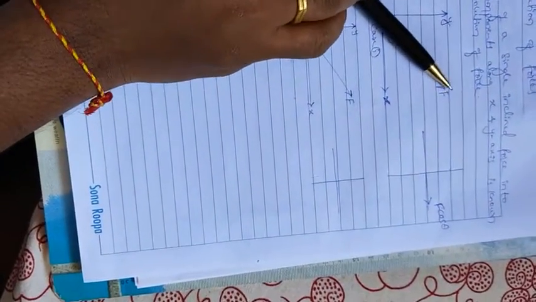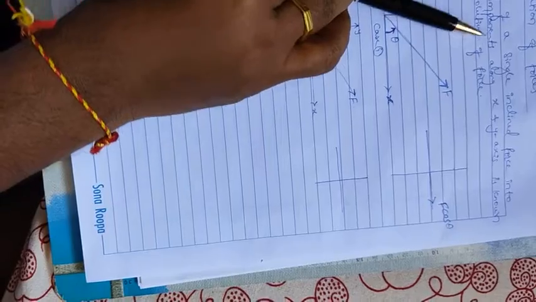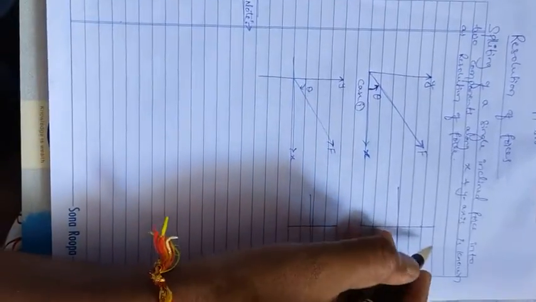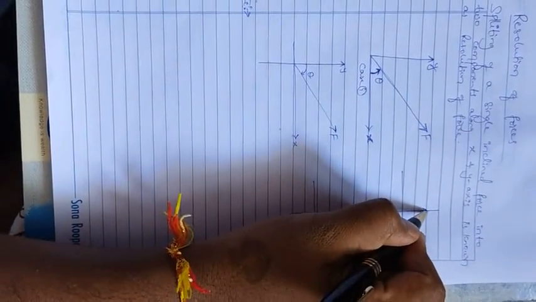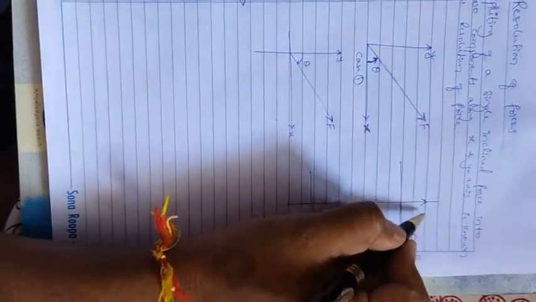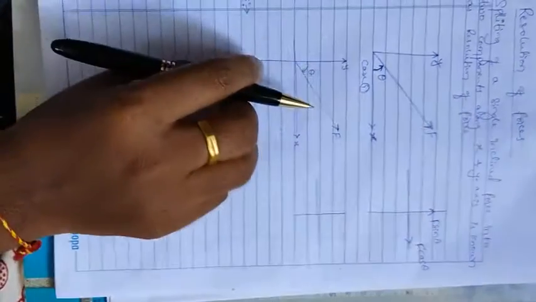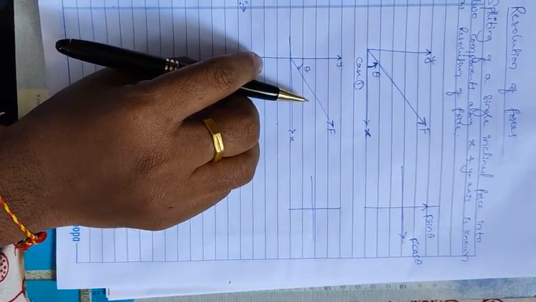Similarly, when I bring the same force magnitude F along y axis, it is acting upward. The y component of the force will be acting upward, and the magnitude will be F sine theta. As simple as that.